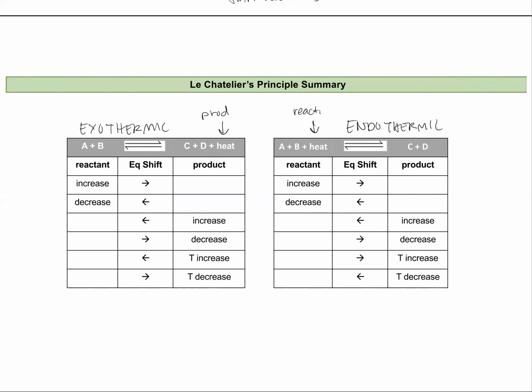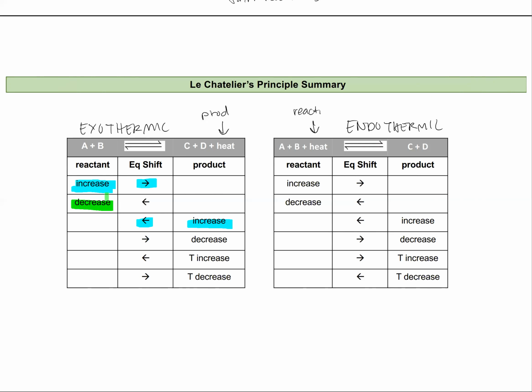If we increase a reactant, or if we increase a product, we can see that we're going to shift our reaction away from whatever we increased. So if we increase something, we're going to form whatever's on the opposite side of the arrow of it.